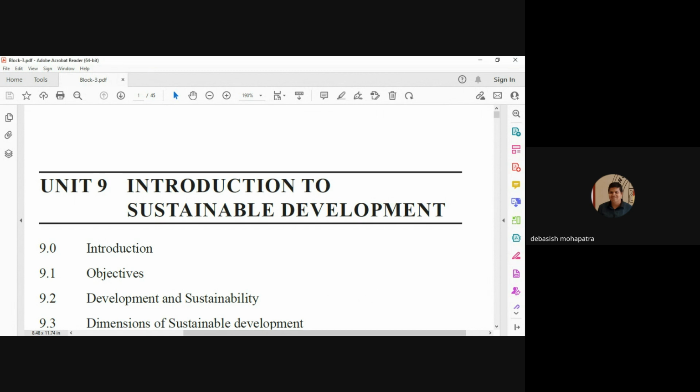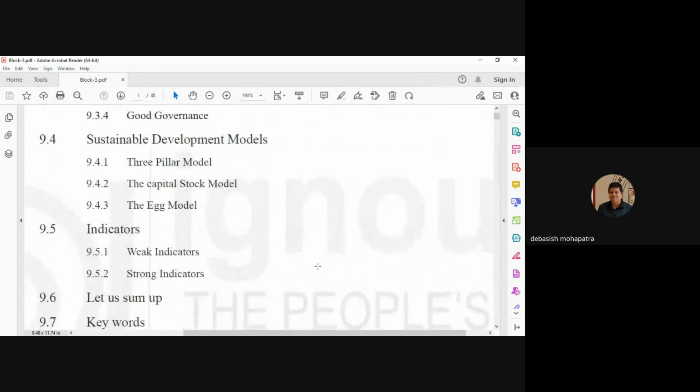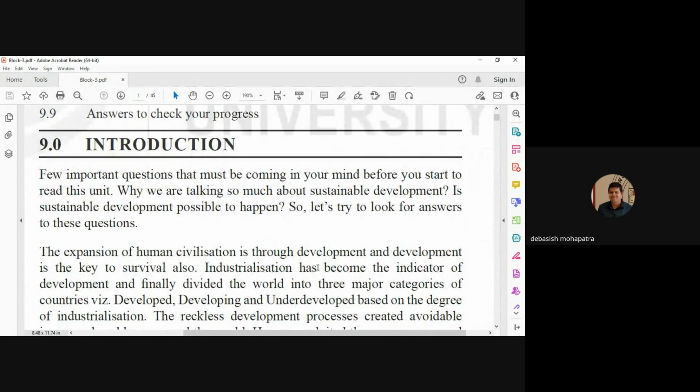So our block 3 has 3 units, 9, 10 and 11. The first unit is Introduction to Sustainable Development. I have already said before what sustainable development is, and I don't think you need more definition of it, as I have already discussed that before.